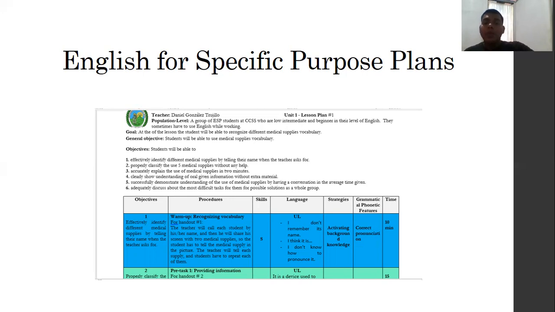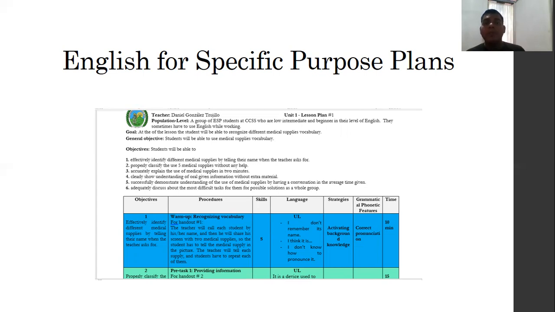These plans were part of a didactic unit, which of course has its goal, its general objective, and its specific objectives. These two different plans shared the same goal and the same general objective, but they differed in their specific objectives. The goal is that at the end of the lesson, the students will be able to recognize different medical supplies vocabulary.